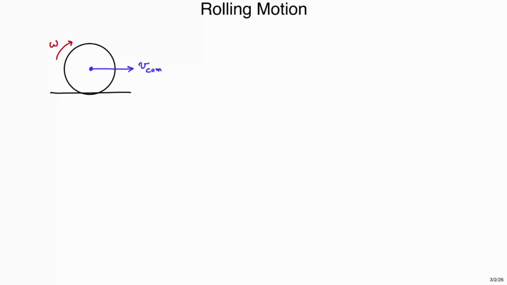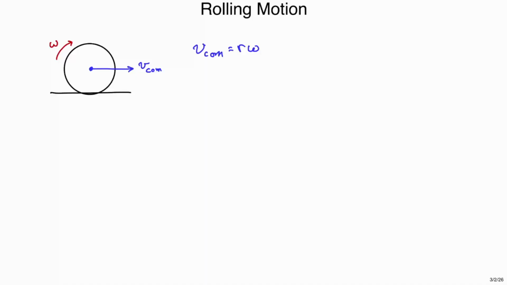But does this wheel have omega? Yeah, because it's rotating, right? But it also has a linear speed that the center of mass is moving. That center of mass speed, and sorry if this is a little bit confusing, actually turns out to be related to our omega.